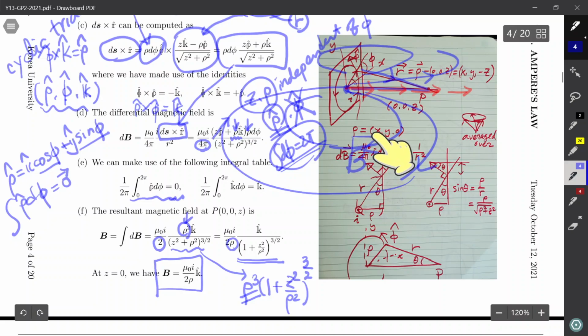The B field will be like that. In the next problem, we will consider the case where the field point is not on the z-axis symmetry axis, but deviates a little bit from it.